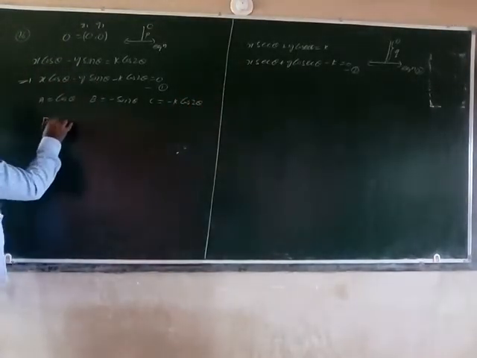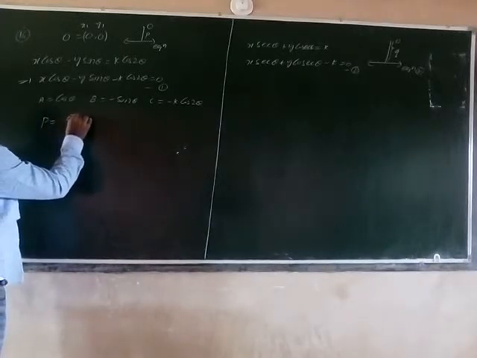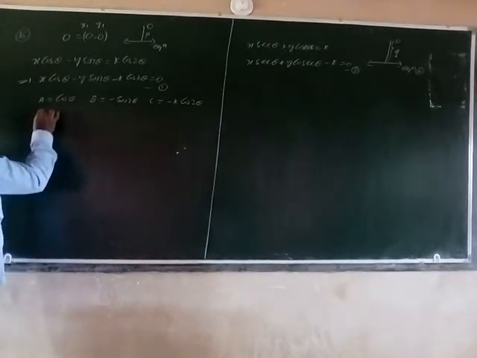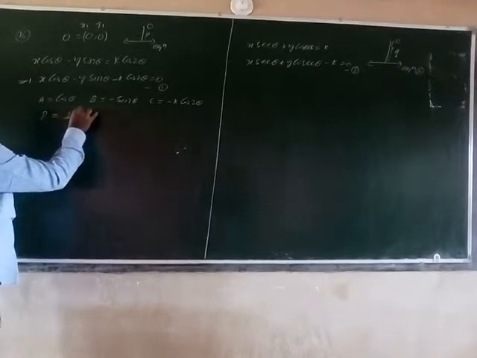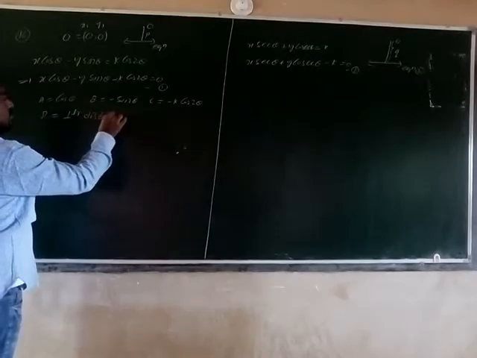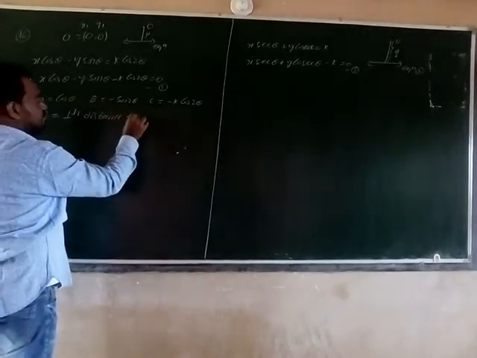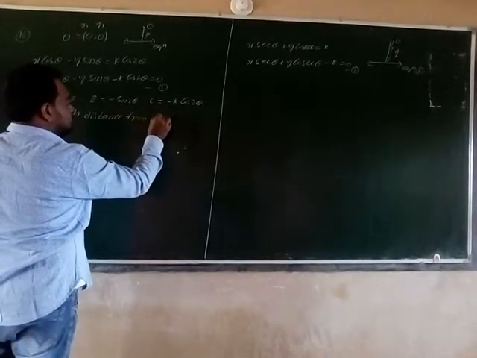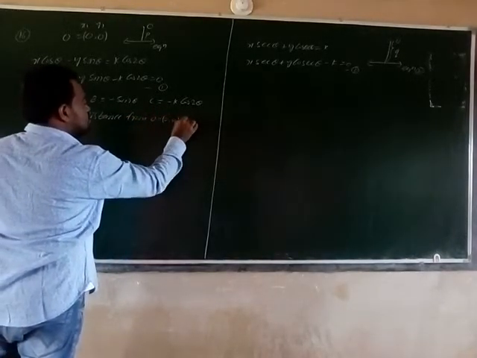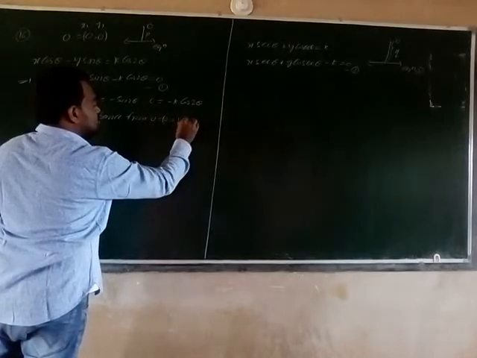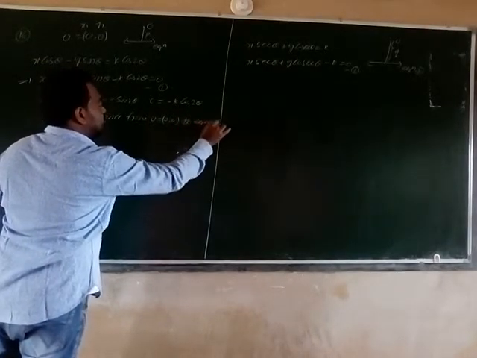So p is the perpendicular distance from the origin 0, 0 to equation number 1.